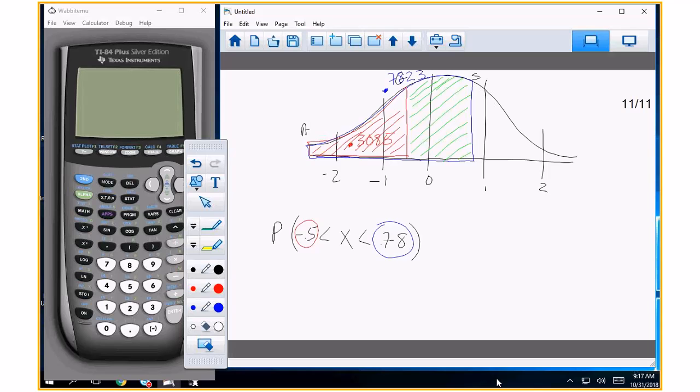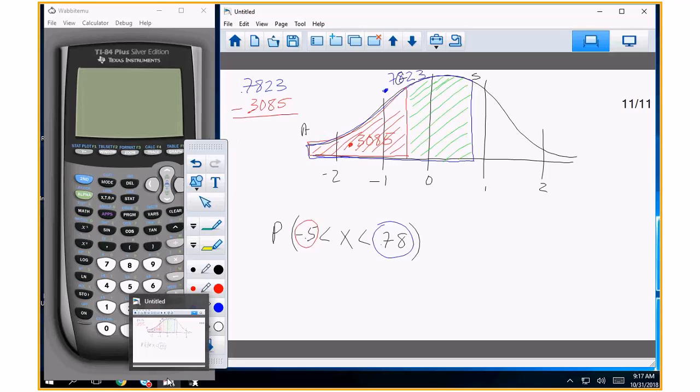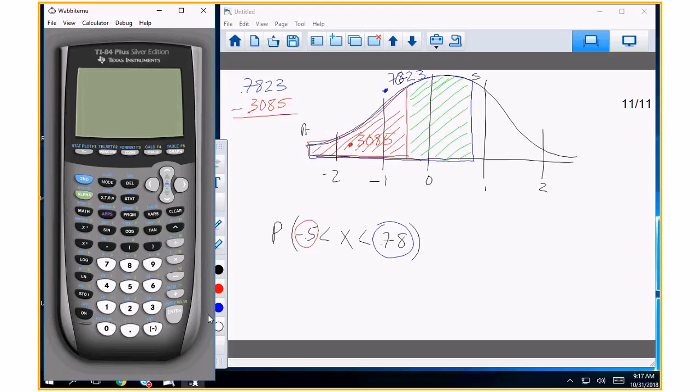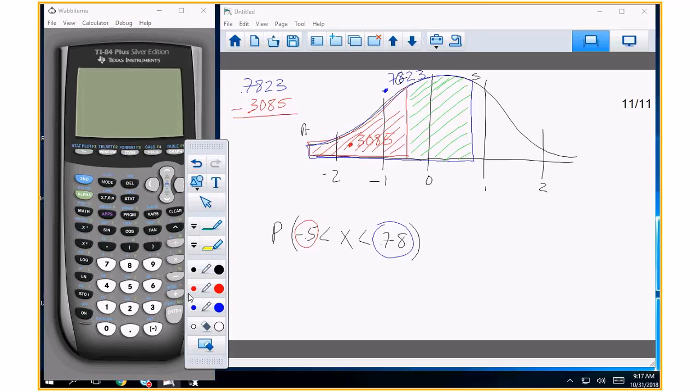So somebody take your calculator and take 0.7823 minus 0.3085. Notice I said use your calculator because you're not Rain Man, but you do know 78 cents minus 30 cents is 58 cents. So it's going to be 40-something. What is it? 0.4738.